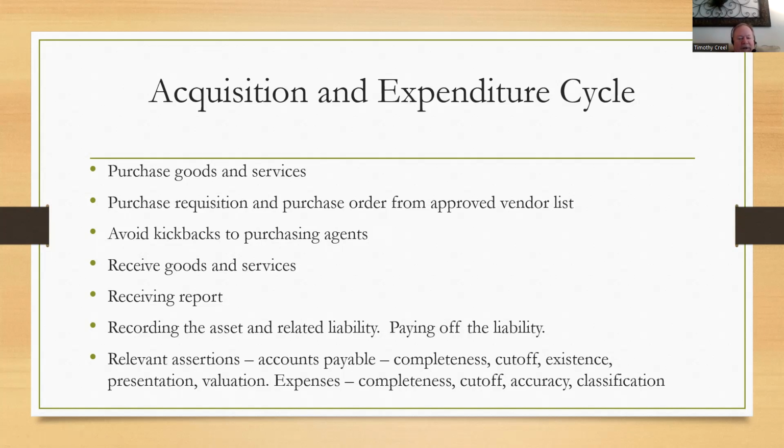Now, a couple of things I'll say about this real quick. With completeness, you're looking at, again, are all the elements of this transaction recognized? If you have open purchase orders, or a receiving report that you can't match with other paperwork, that indicates that something could be missing there, that something is not complete in regards to accounts payable.